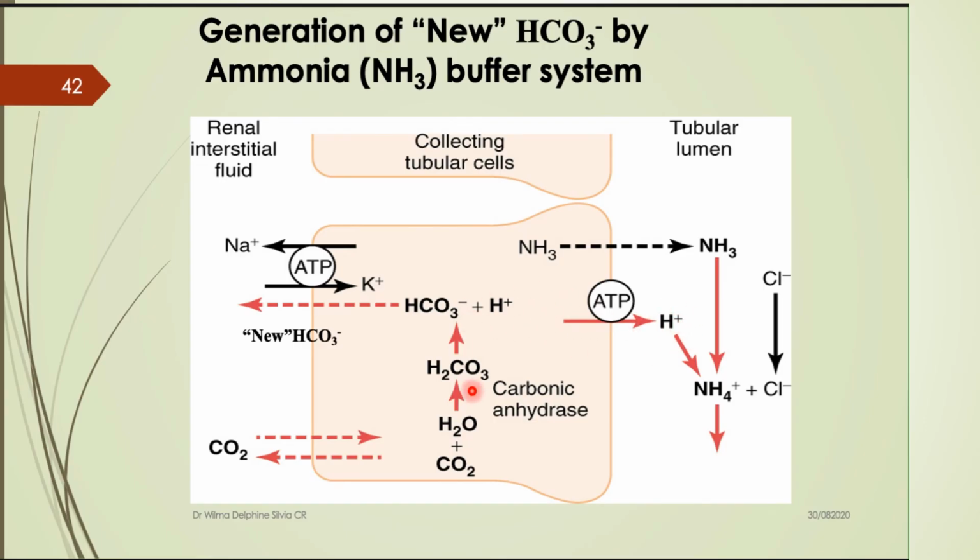This is obtained from the reaction of carbon dioxide, which diffuses into the tubular epithelial cell, so that it reacts with water in the presence of carbonic anhydrase to form carbonic acid, which again dissociates to form bicarbonate and the hydrogen ions. Bicarbonate, which is obtained, is a new bicarbonate by the ammonia buffer system, so that by the ammonia buffer system we are generating a new bicarbonate as well as losing protons in the urine as ammonium ions.